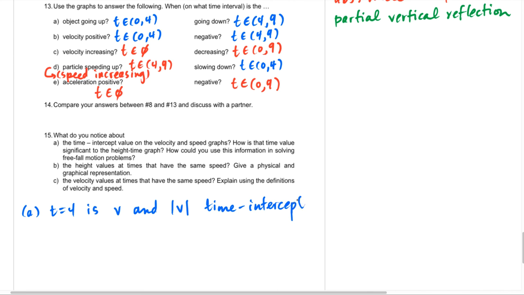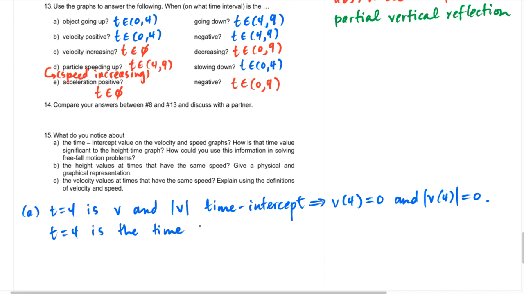In other words, it's the time value that makes the velocity equal to 0, and it's the time value that made the speed equal to 0. Similarly, t equal to 4 is the time that produces maximum height on the height graph.